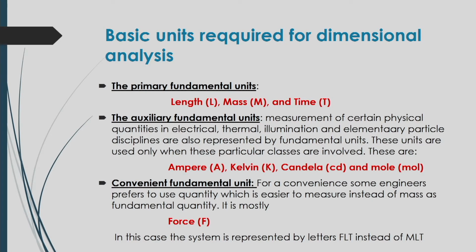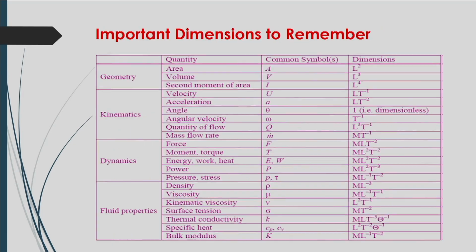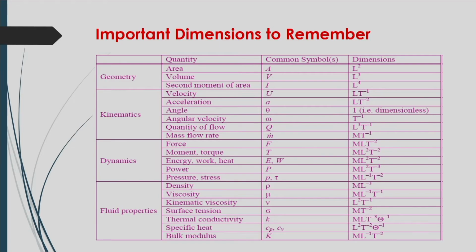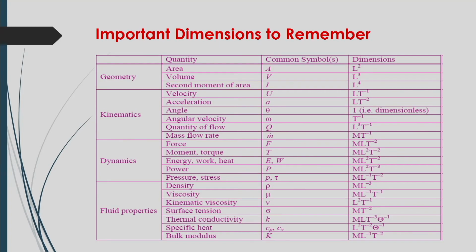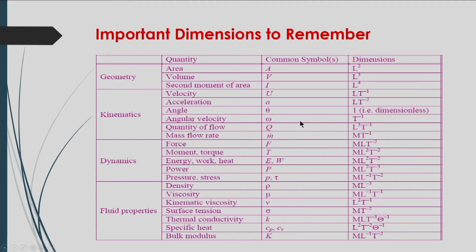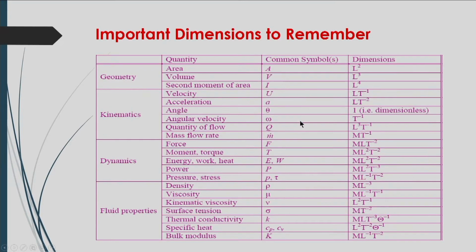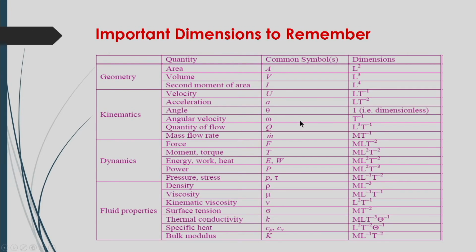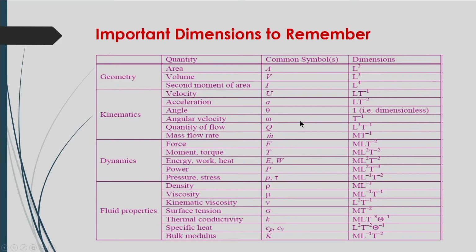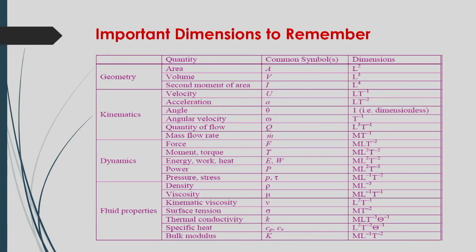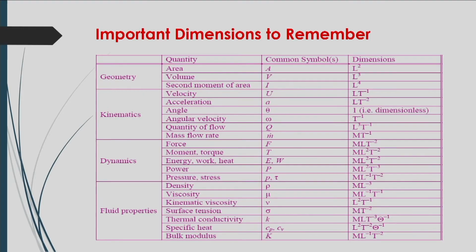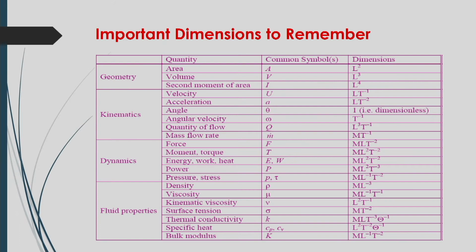Now, we will do that one by one, and before going to that you have to know some important dimensions. Remember, in this slide some variables are given: geometrical variables, kinematic variables, dynamic variables, even fluid properties. Geometry includes area, volume, moment of area. Kinematics includes velocity, acceleration, angle, angular velocity, quantity of flow, mass flow rate.